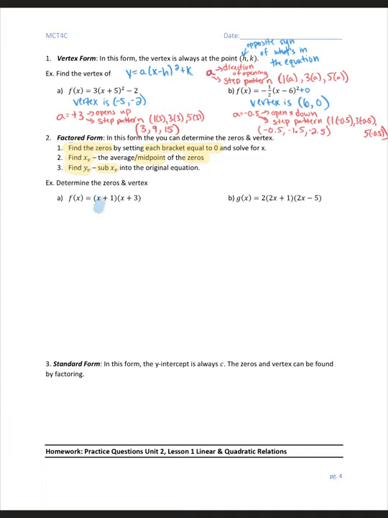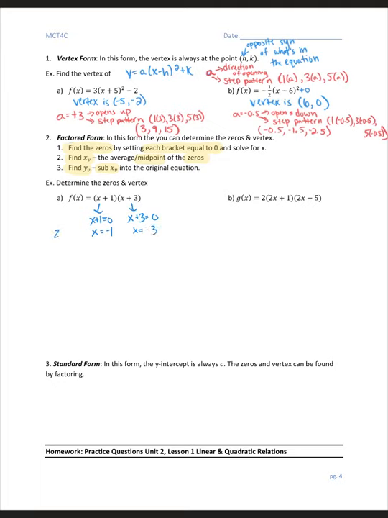So we have our two factors here. We're going to take those two factors and we're going to set them equal to 0. And then solve for x. So we can bring that 1 over by subtracting it, and we can bring the 3 over by subtracting it.